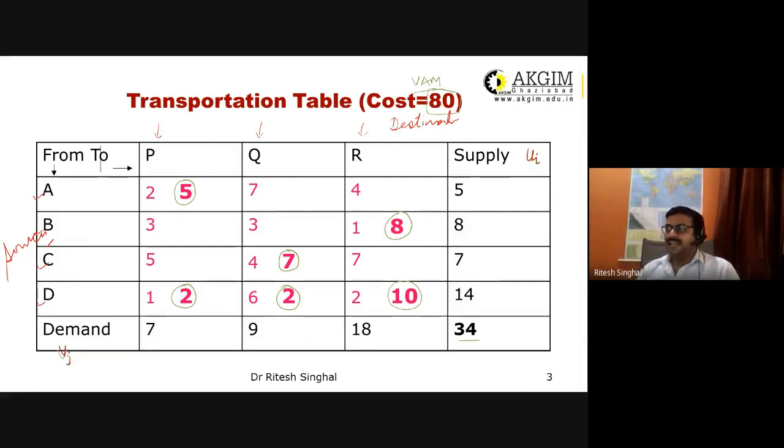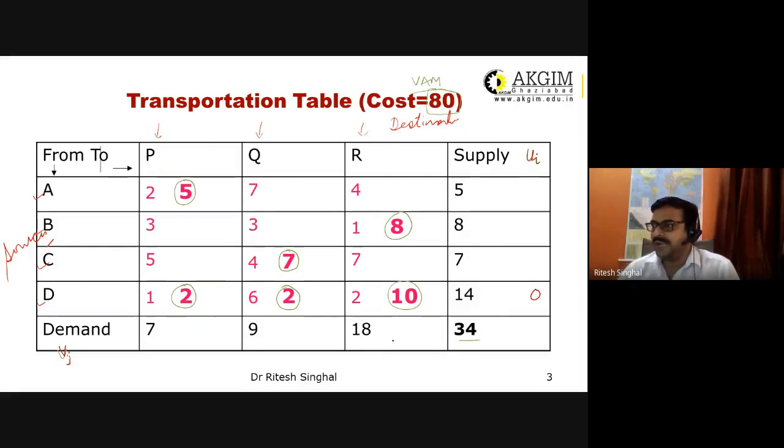First of all, set any value of Ui or Vj as 0, most probably for the row or column where the number of allocated cells is maximum. As you see in this table, the fourth row has the maximum number of allocated cells, 1, 2, and 3. So we have to take this particular Ui as 0. Set the value of Ui or Vj as 0 where we have the maximum number of allocated cells.